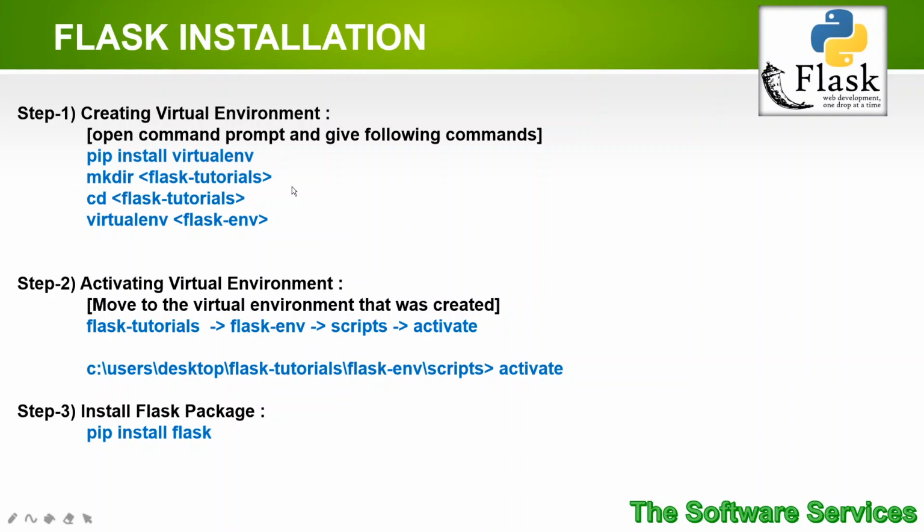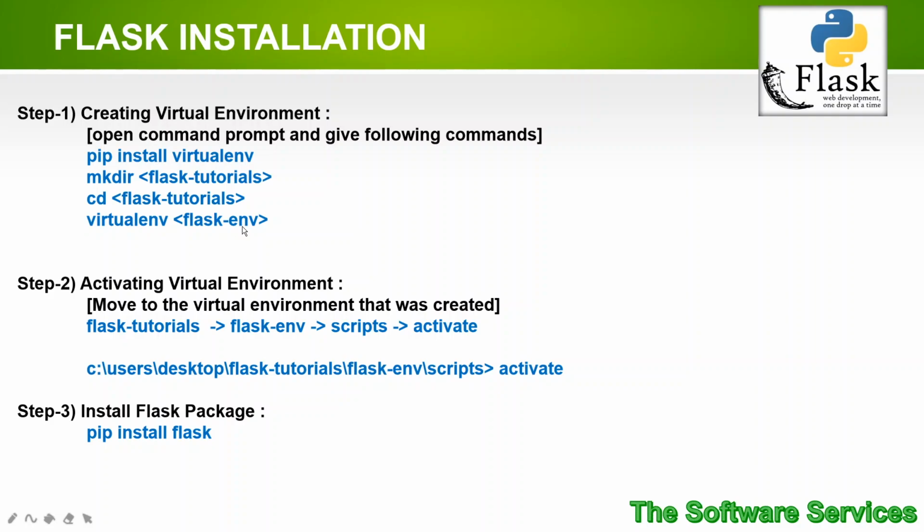Then create one directory at your desired location, preferably on the desktop, or wherever you wish. I am creating my Flask tutorials directory on the desktop for easy access, and then you have to change to that directory. In that directory at the command prompt you need to give virtualenv like this, and then give the name.